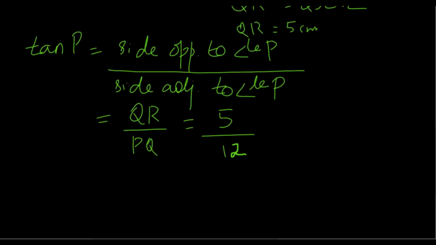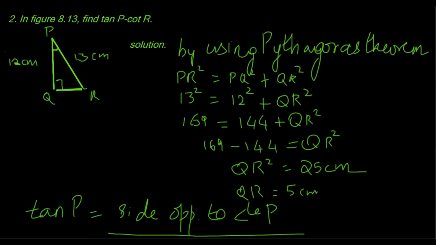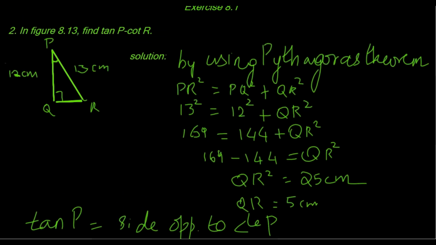Now let's proceed in finding cot R in our equation. Since our angle R is located here, according to the formula of cot, it is the side adjacent to angle R divided by the side opposite to angle R. So let's write it.